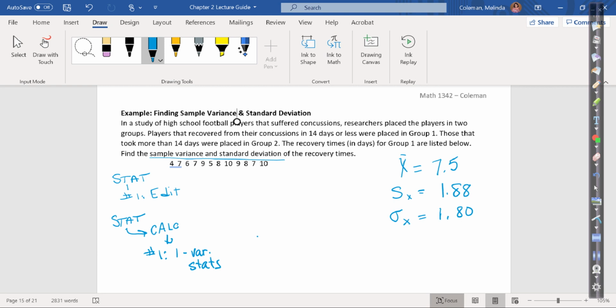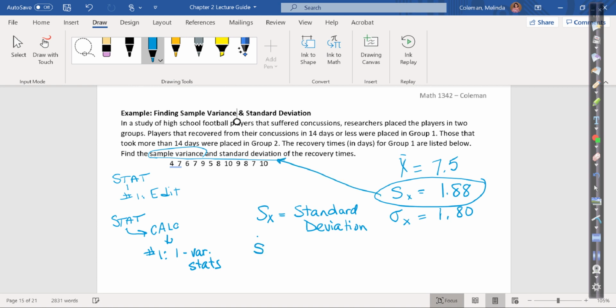Because this is a sample, I want to look at the 1.88. And s of x is the standard deviation. So that's the second part that it's asking me for.